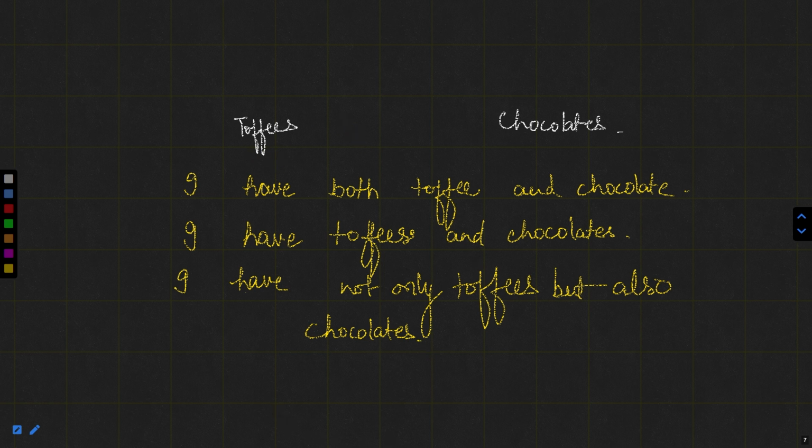For example, because I have toffees and chocolates, I can convey this message in three styles. What are the three styles? I can say I have both toffee and chocolate. It remains the same. I have toffees and chocolates. I have not only toffees but also chocolates.